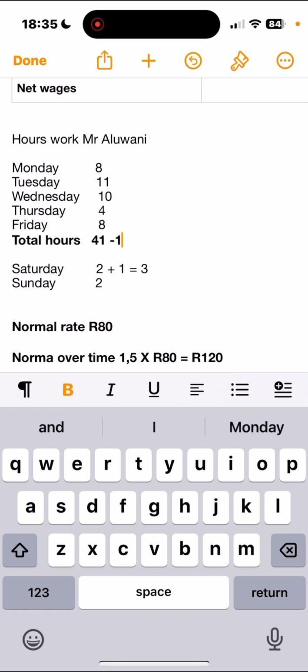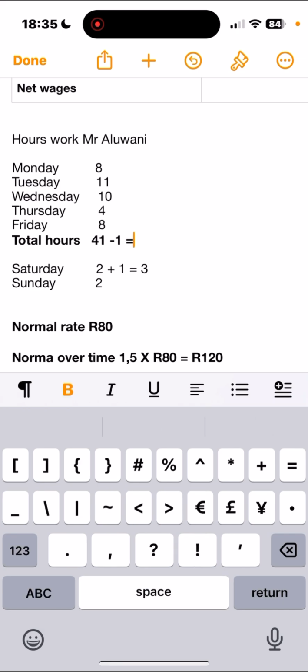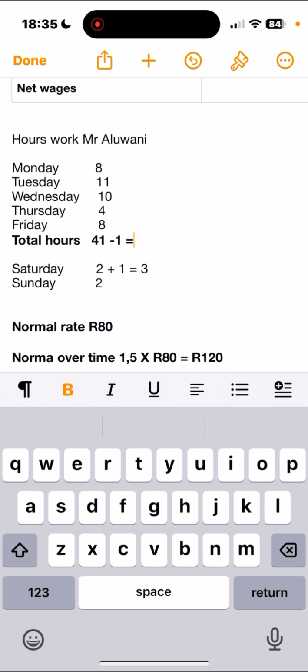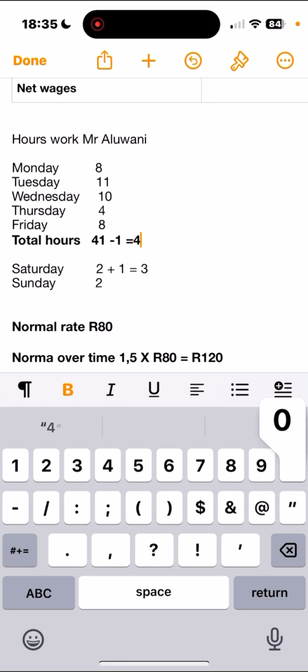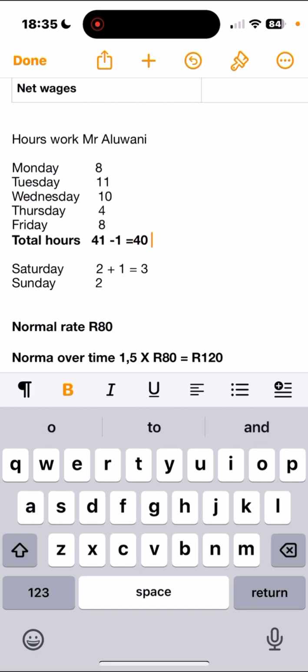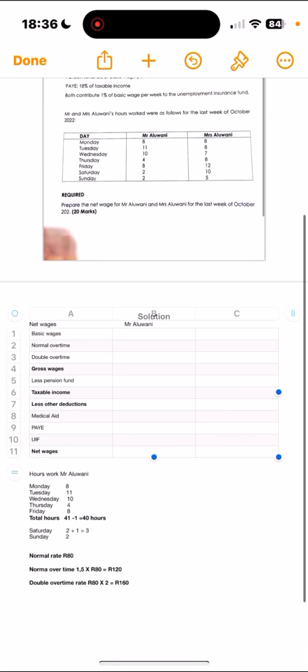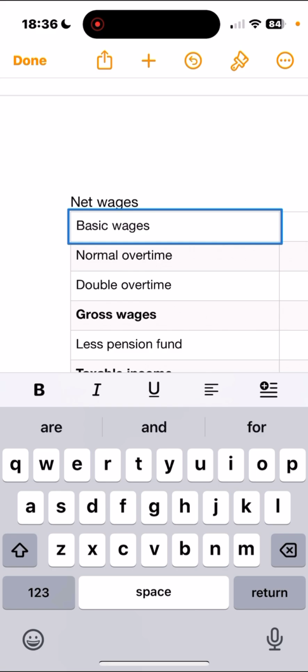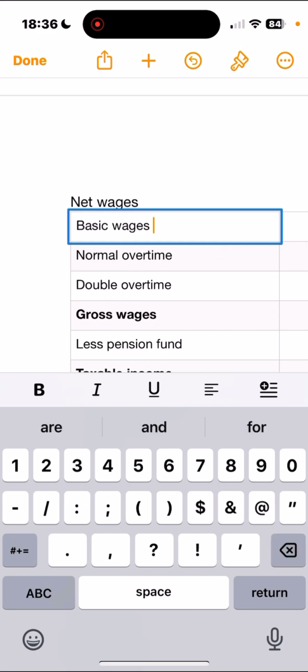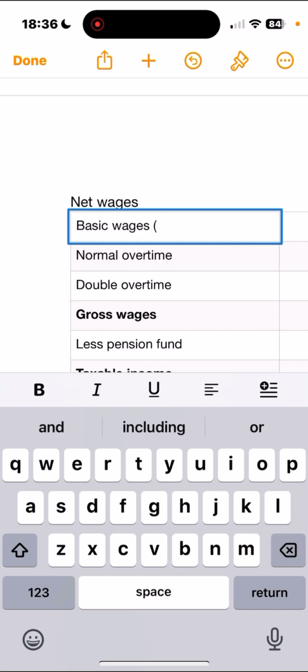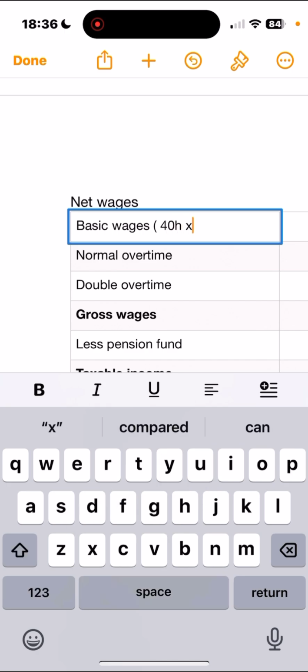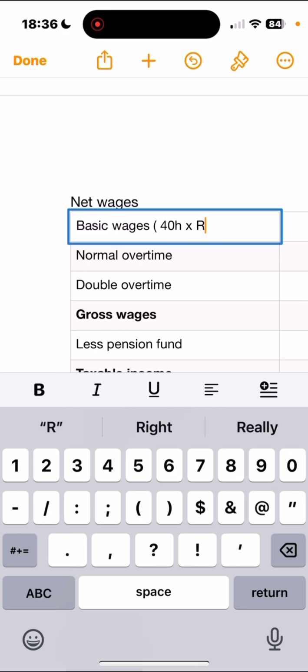And then here on the hours Monday to Friday, they can give us now 40 hours. Meaning that in order to get the basic wage of Mr. Arwani, we are going to say 40 hours multiplied by normal rate, which is 80, as I have already explained.